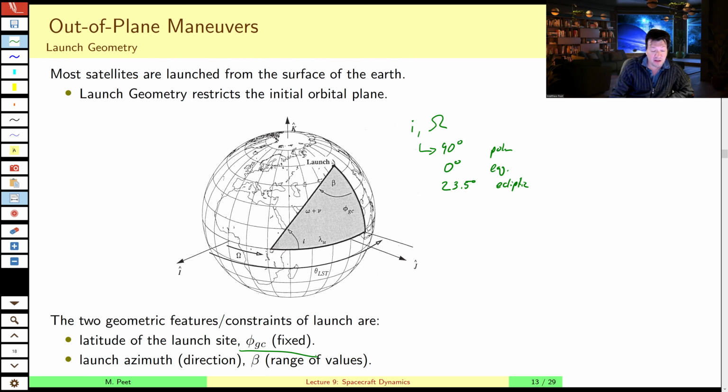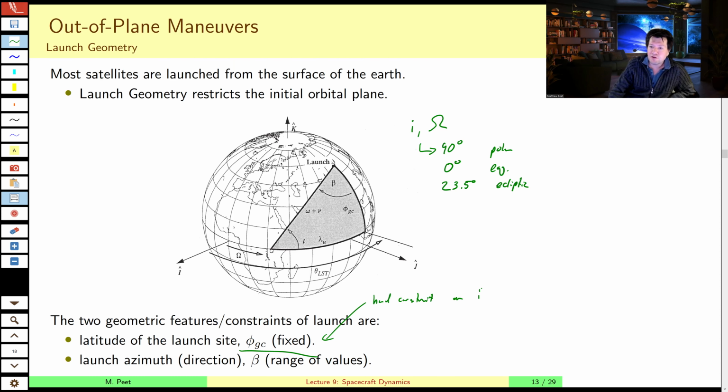And depending on your desired inclination, that may prohibit you from launching directly into your desired inclination. So that's a very important number, especially since inclination changes are so expensive. So this is going to put a hard constraint on your inclination.